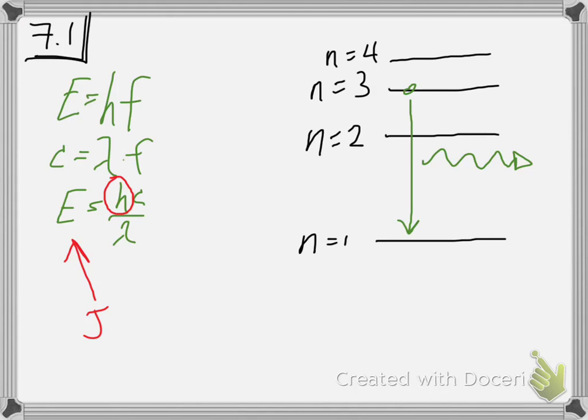So you'll have to figure out the energy difference between the two orbitals and then convert that to joules. That conversion factor is not given directly in the data booklet, but if you remember the charge of the electron, which is given in the data booklet, 1.6 times 10 to the negative 19th, that's how many joules there are in 1 electron volt.